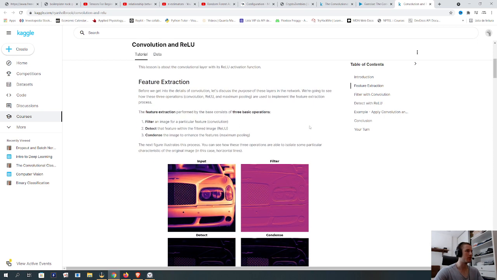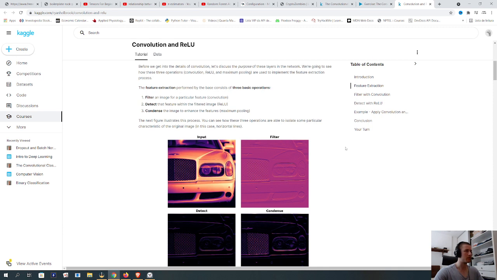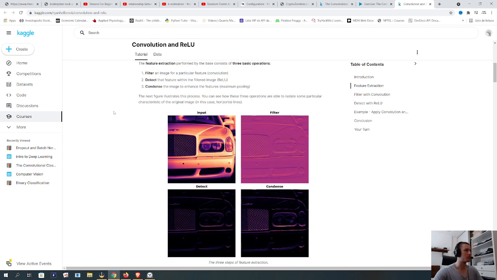Feature extraction. Before I get into the details of convolution, let's discuss the purpose of these layers in the network. We're going to see how these three operations, convolution, ReLU, and maximum pooling, are used to implement the feature extraction process. The feature extraction performed by the base consists of three basic operations. Filter an image for a particular feature, convolution.